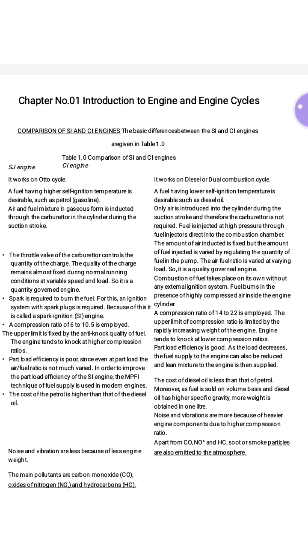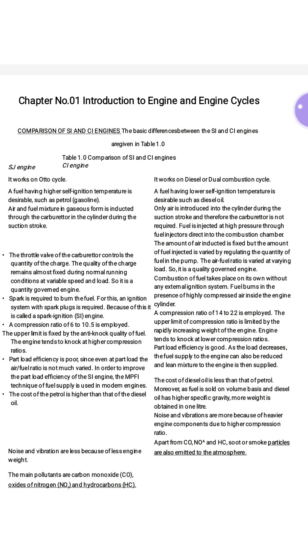In a diesel engine, that is a CI engine, instead of a spark plug a fuel injector is used, and the presence of highly compressed air inside the cylinder is responsible for ignition of the fuel. Hence this engine is called a compression ignition engine.